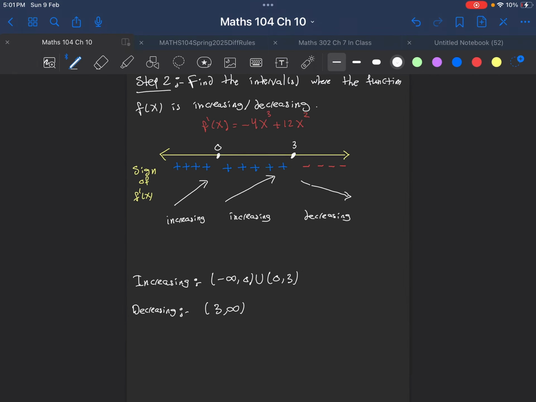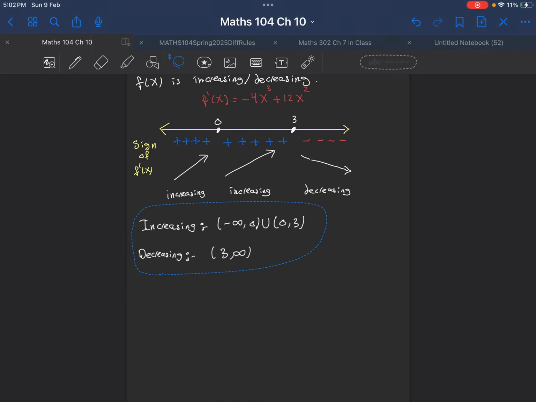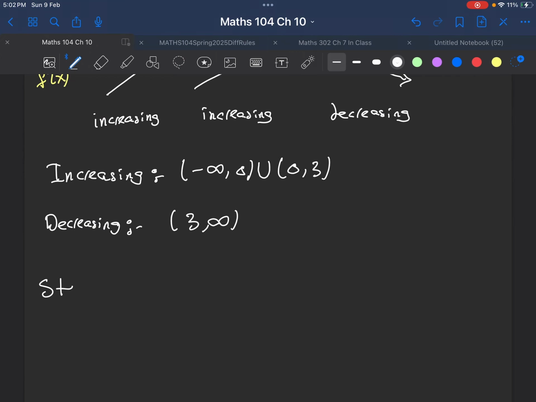Now, in terms of local maximum and local minimum, we can notice the only place where the function goes up and then down is at x equal to 3. So if I just try to squeeze that here in step number 3, find local maximum or minimum.